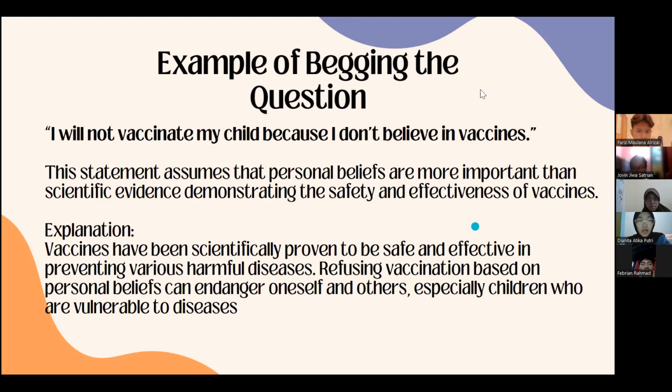As we know, vaccines have been scientifically proven to be safe and effective in preventing various harmful diseases. Refusing vaccination based on personal beliefs can endanger oneself and others, especially children who are vulnerable to diseases. Therefore, the statement is considered as begging the question.